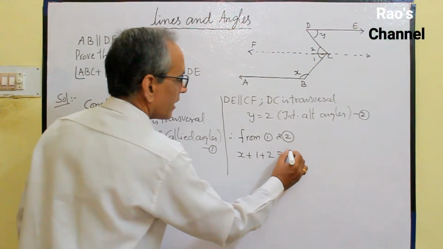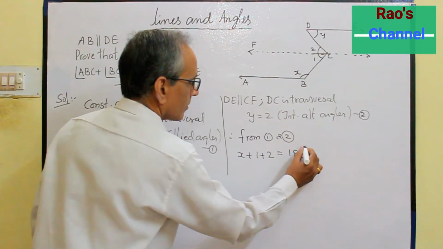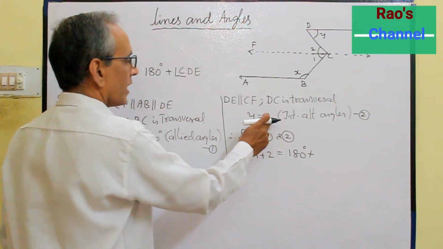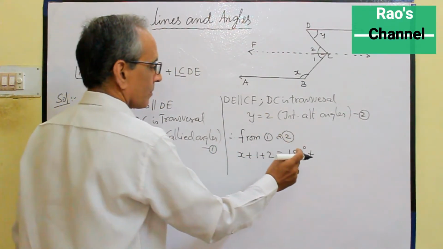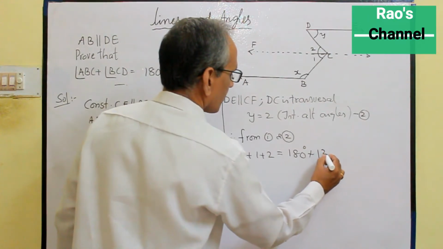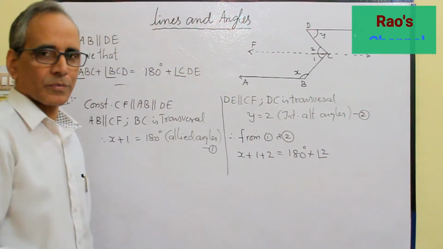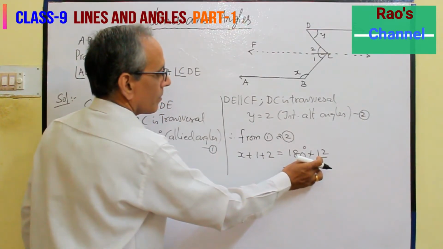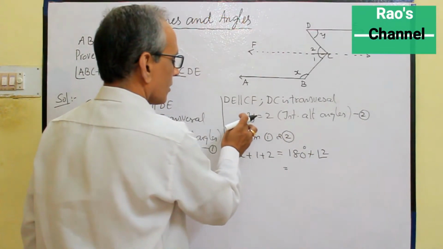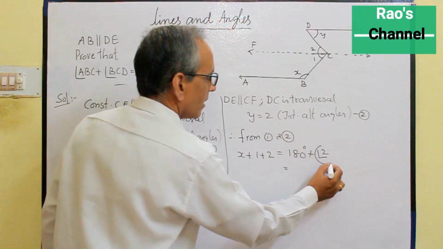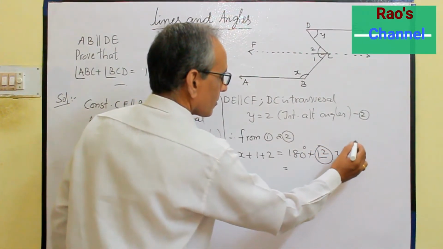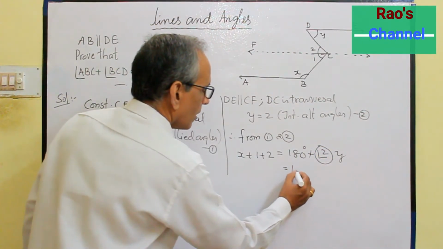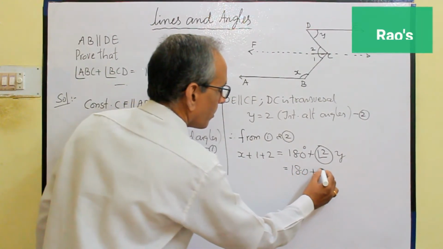So let me write 180 degrees plus angle 2. What is angle 2 here? 2 is equal to Y. So in the place of 2, I write Y also. So I write 180 plus Y.